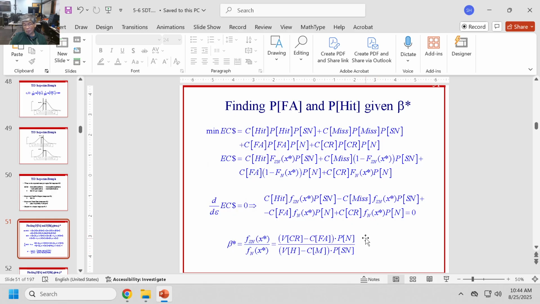How to make that small? Beta is, if I have a lot of noise and not too much signal, then you tend to have to lower your threshold.